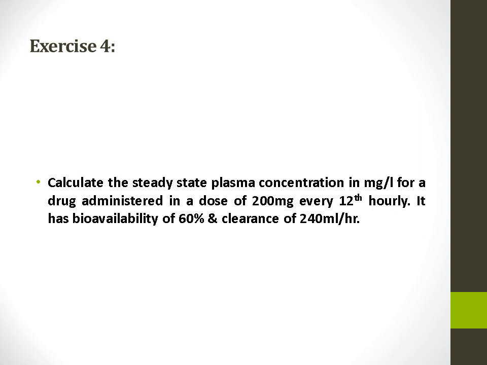Exercise 4. Calculate the steady state plasma concentration in milligram per liter for a drug administered in a dose of 200 mg every 12th hourly. It has a bioavailability of 60% and clearance of 240 ml per hour. 240 ml per hour means 240 into 24 ml per day.